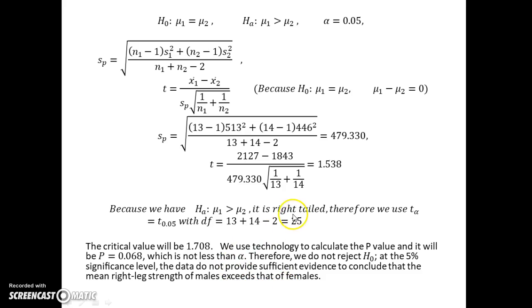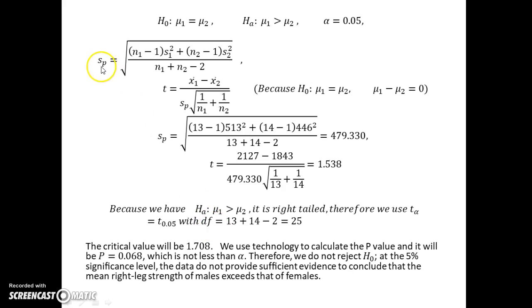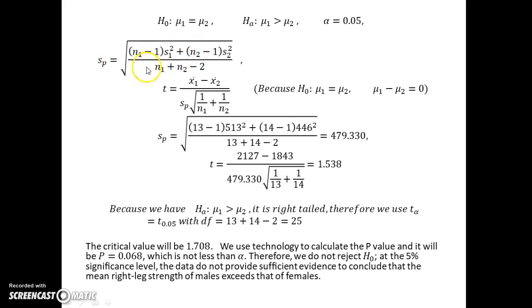We first set the null hypothesis and the alternative hypothesis. Alpha is going to be 0.05 because it says 5% significance level, and because it's pooled, we use the formula for that. We plug in the numbers, and after we do that, we get a critical value.